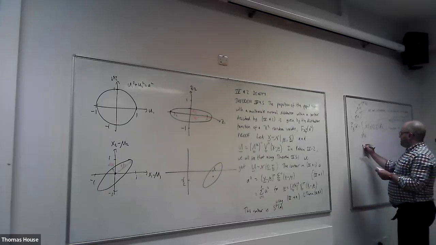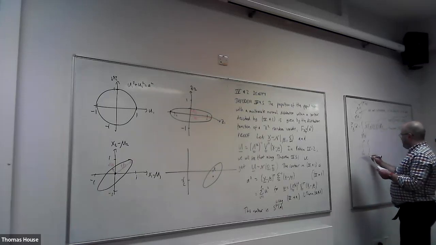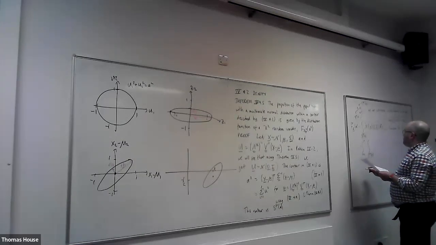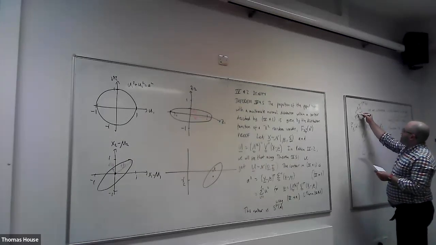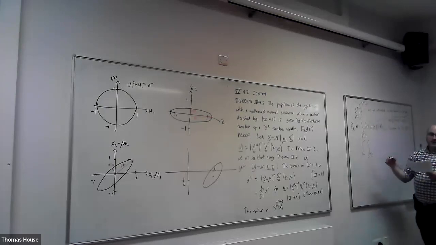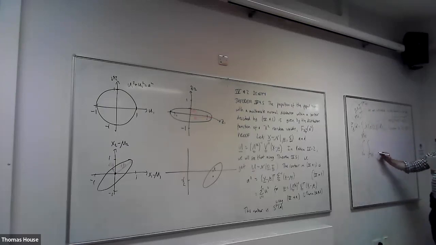So this is the integral from r is 0 to a. The integral, and then at each one of those, the integral over the p sphere. So what we're doing is we're going out in little shells, and each shell is size r. Yeah, each shell is a p sphere of size r.